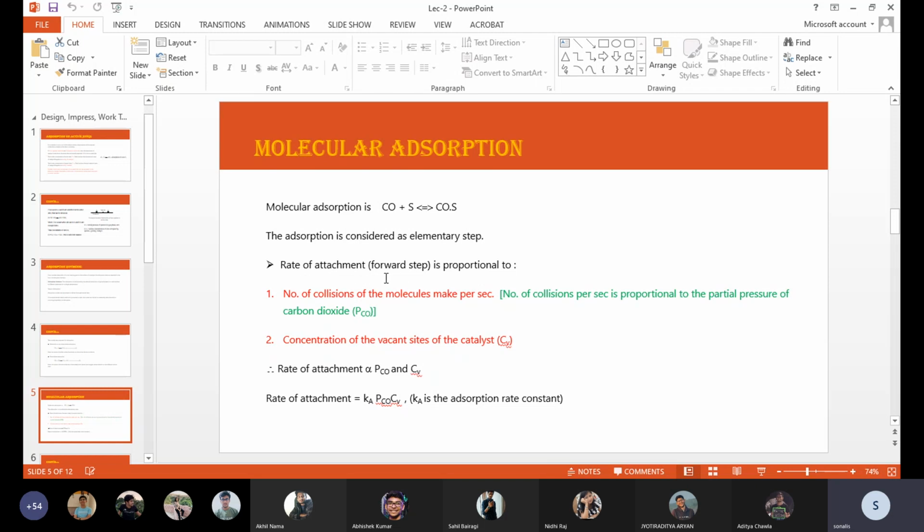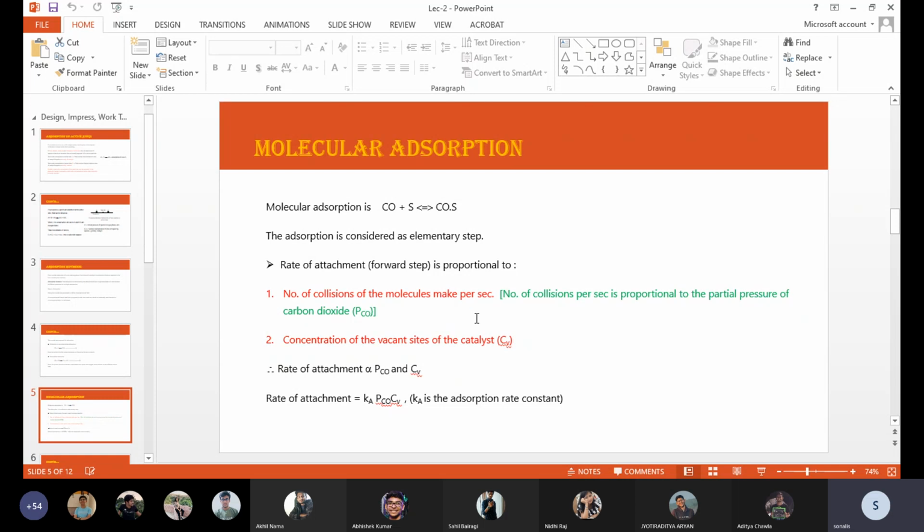The rate of attachment, that is the forward step, is proportional to, first, the CO molecule being attached on the active site. The rate of attachment depends on different factors. What are those factors? The number of collisions the molecules make per second. That is, the number of collisions per second is proportional to the partial pressure of carbon monoxide.